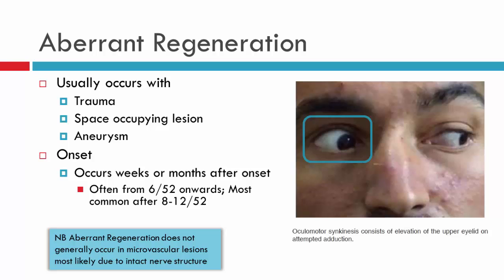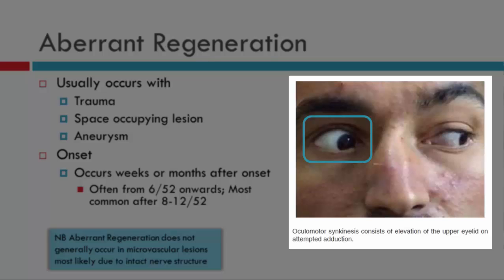In terms of when might you see aberrant regeneration, it can occur within weeks or months after onset. So once the third nerve palsy has developed, there will begin a regeneration process that may involve aberrant regeneration. Often it will occur from about 6 weeks onwards, but it can take several months before you see any signs of aberrant regeneration.